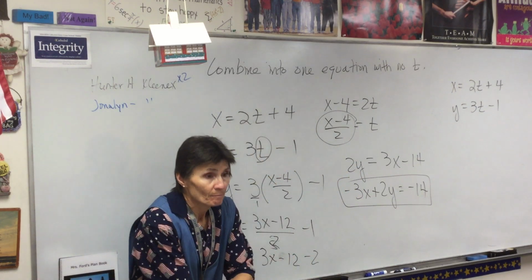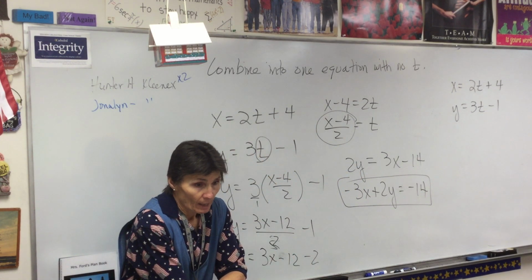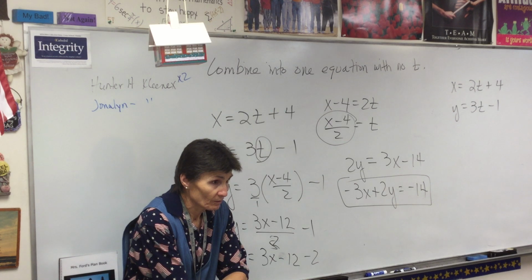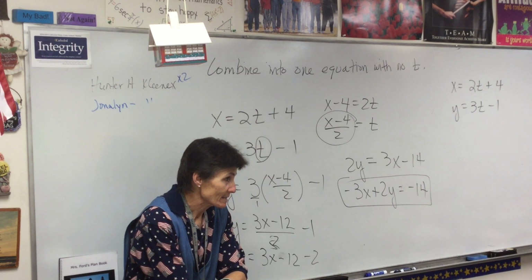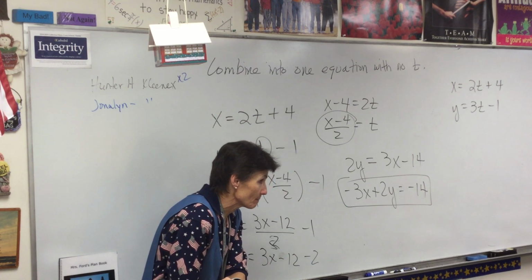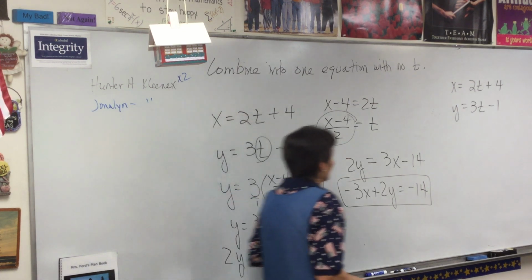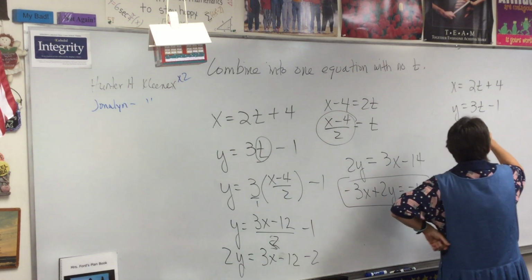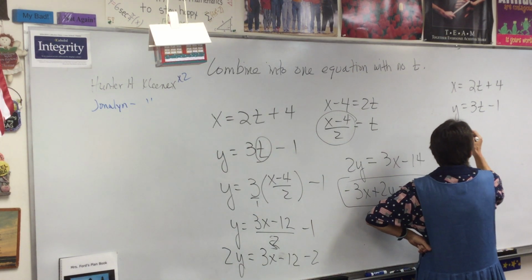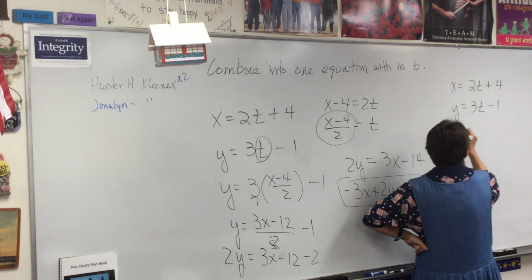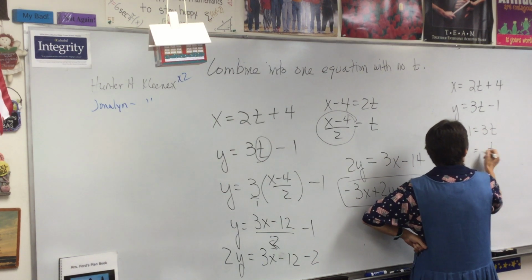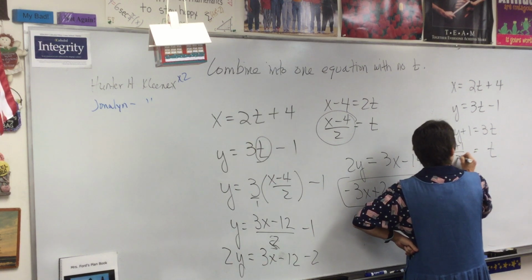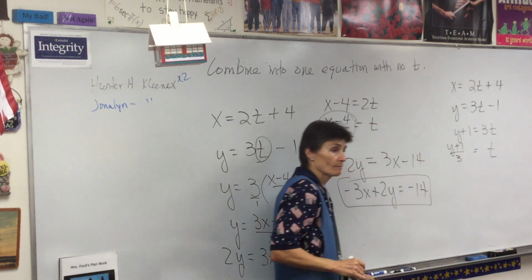What's gonna happen? I'm gonna end up with the same answer, hopefully, right? You never have to do the problem twice. I'm doing it twice for practice, okay? So, if I use the bottom equation, let's get y by itself. I'll have what? Y plus 1 equals 3t. Y plus 1 over 3? Yep.